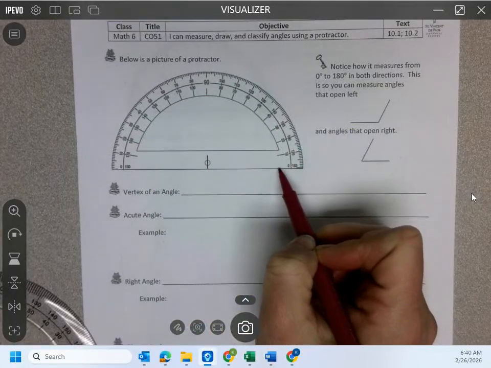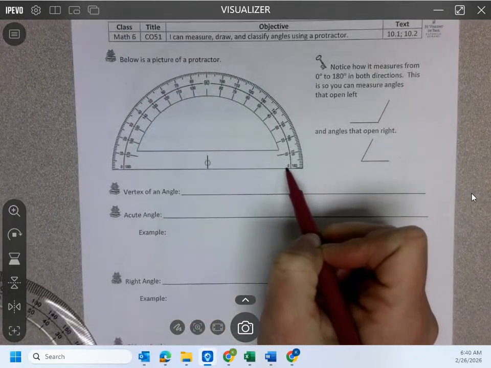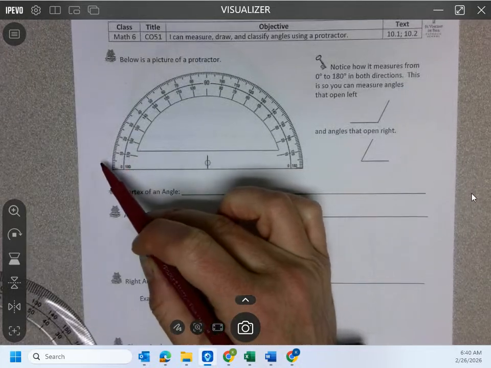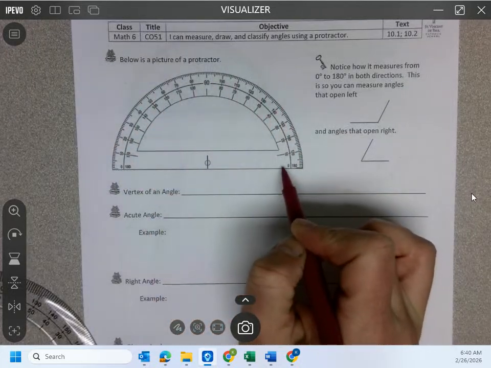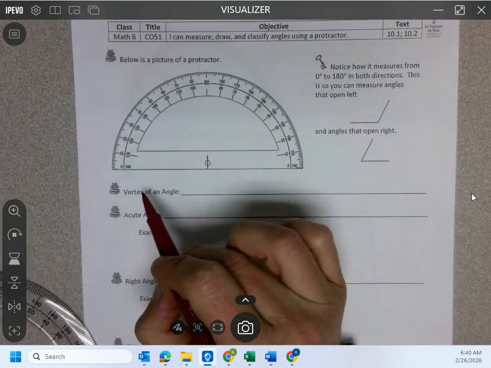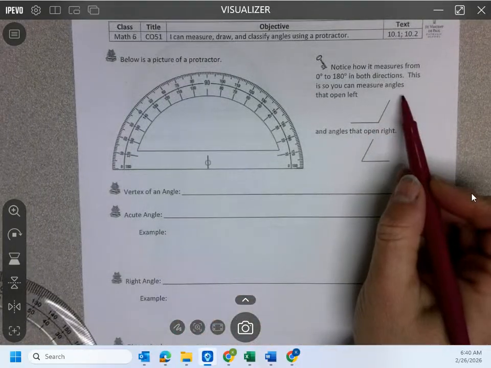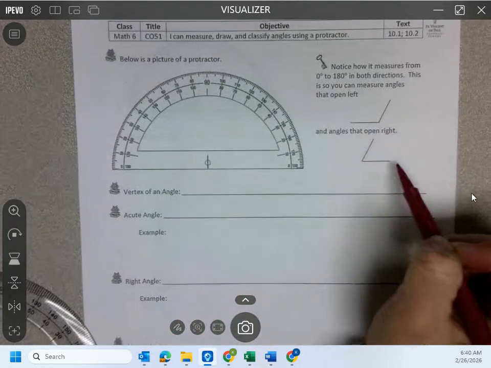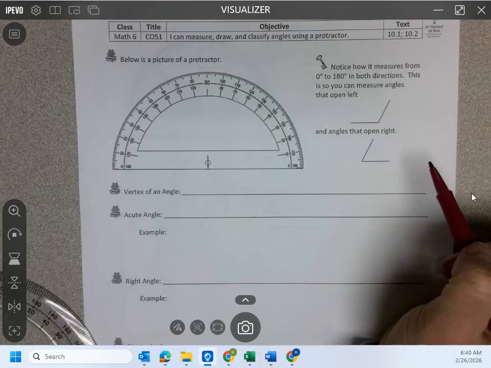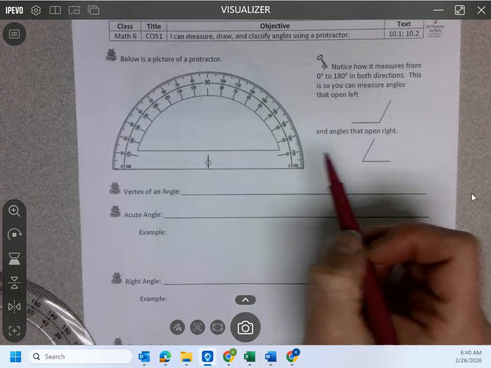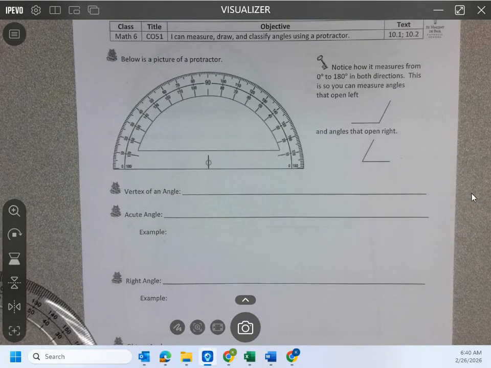And on the inside, it goes from 0 to 180 going to the left. So on the outside, it goes to the right. On the inside, it goes to the left. This is so you can measure angles that open to the left and that open to the right. So depending on which way the angle opens, depends on which set of numbers you use. So we're going to talk about that in a minute.